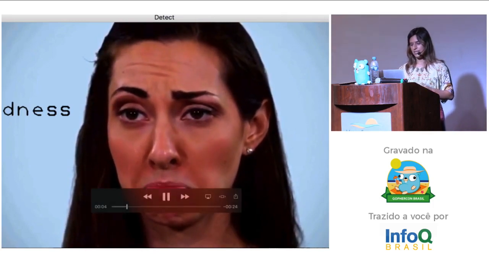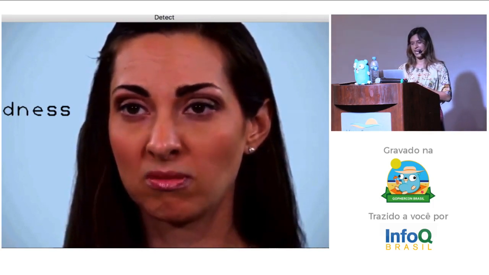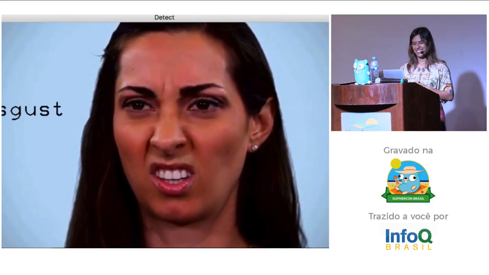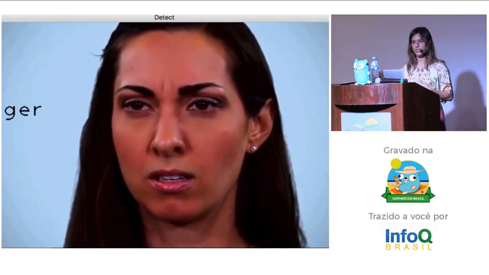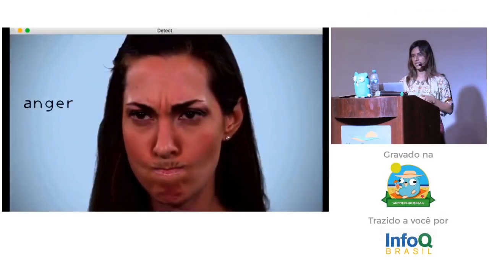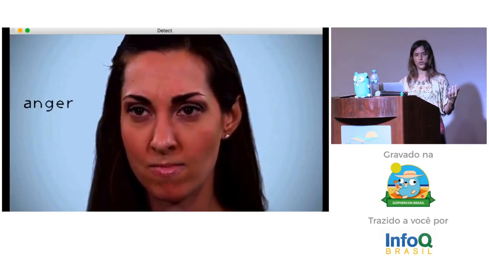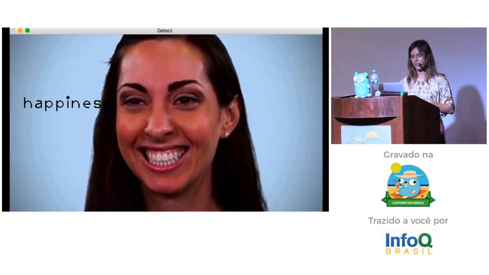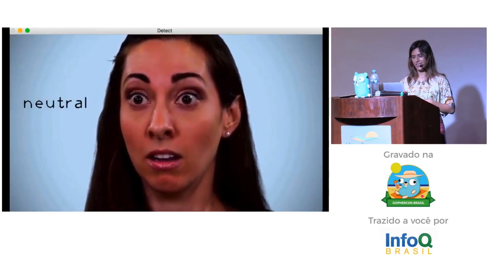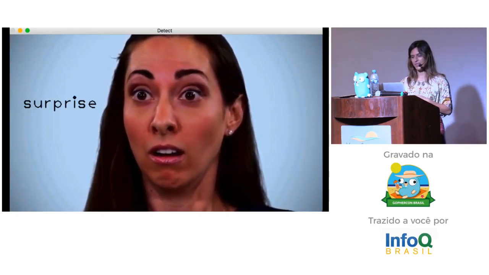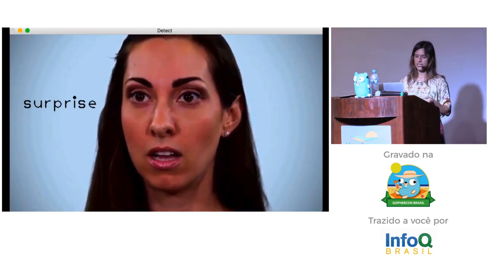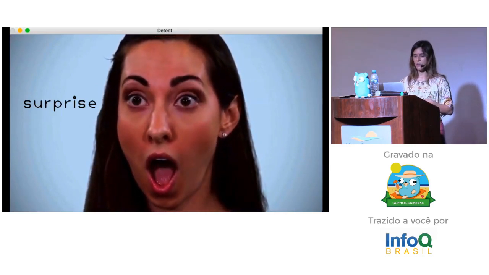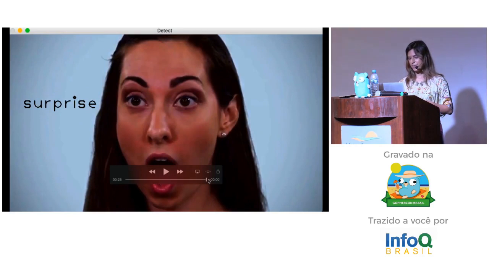So as you can see, it detects sadness, disgust, goes through all different emotions. And between each, there's a neutral face. So if you see neutral pop up, that's because she does a neutral face between each. And there's a slight delay. But again, there's two facial expressions that she does in the end. Both are labeled as surprise.